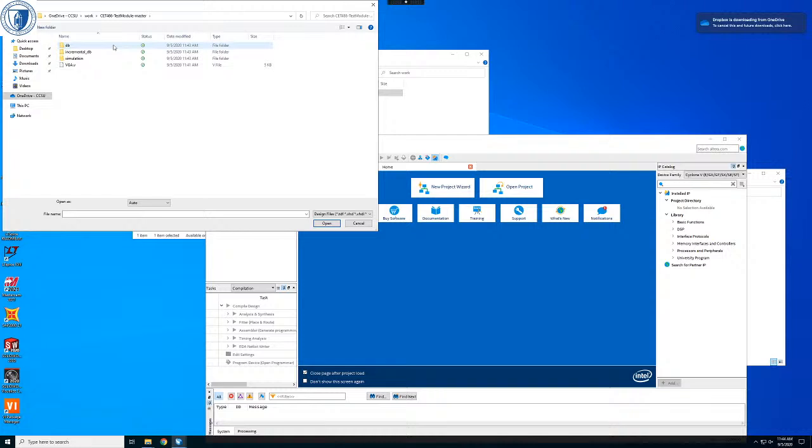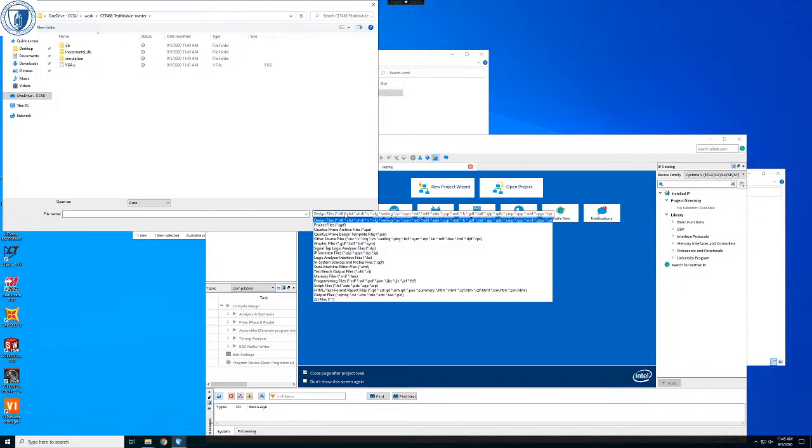But if you don't, then you should be able to just use this Citrix server to get access to a machine with Quartus on. That's why I'm doing it, rather than my machine that I'm talking to you on now, which is a Mac, and they don't have a version of Quartus Prime that runs on a Mac. I tried to get it to run on a virtual machine inside the Mac, but there's all sorts of issues with that, so I stopped.